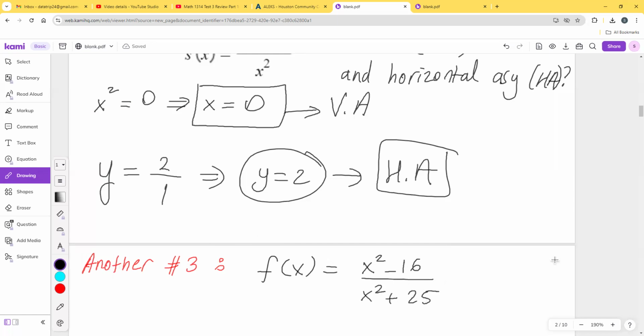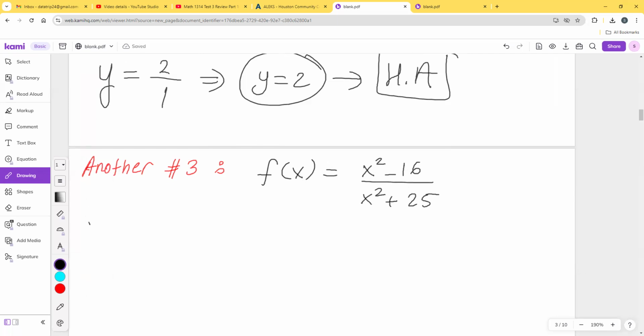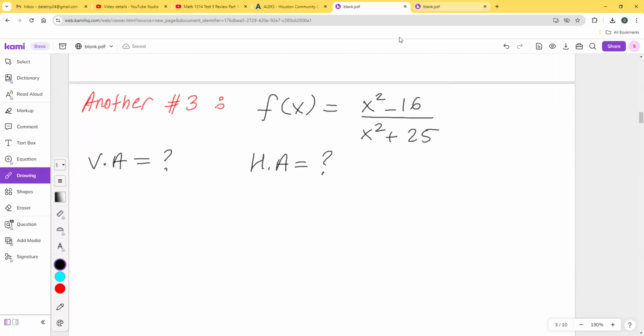Again, I want you to find the vertical asymptote and the horizontal asymptote. How do you find the vertical asymptote? How do you find the horizontal asymptote?